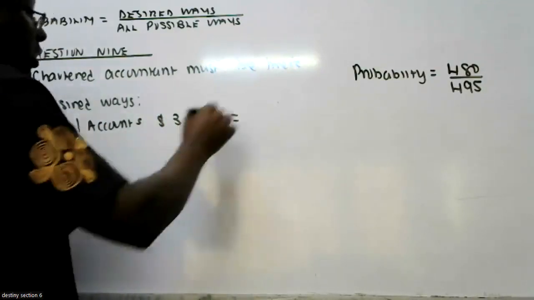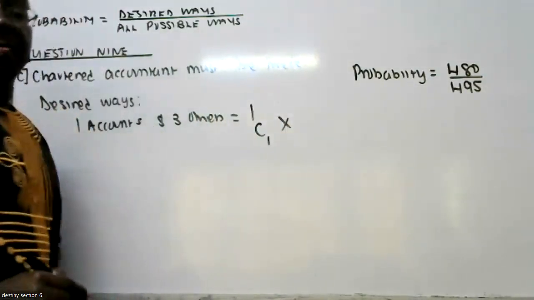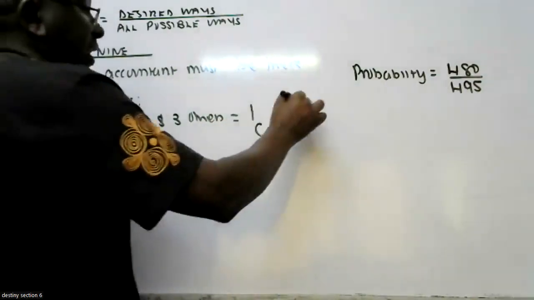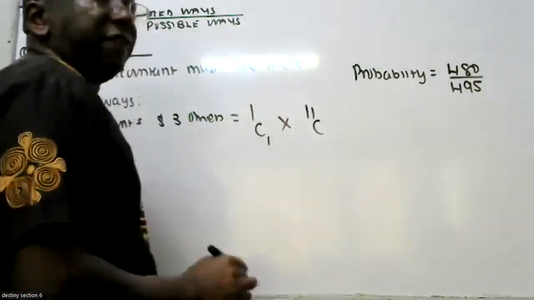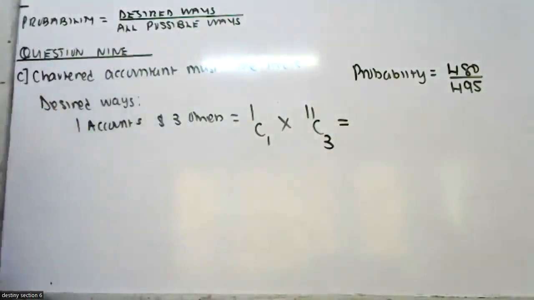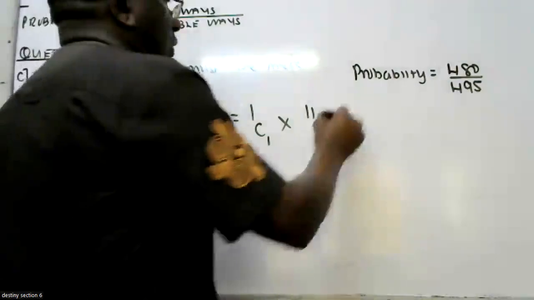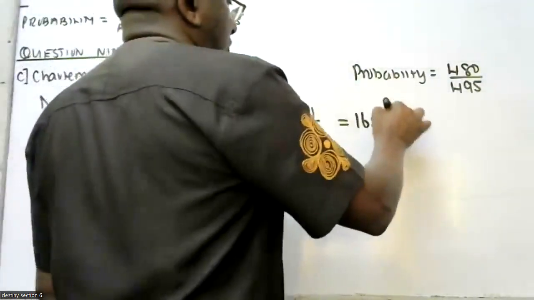So it is 1 combining 1 because we have 1 accountant, and then we are left with 11 other guys. So 11 choose 3. 165 ways.